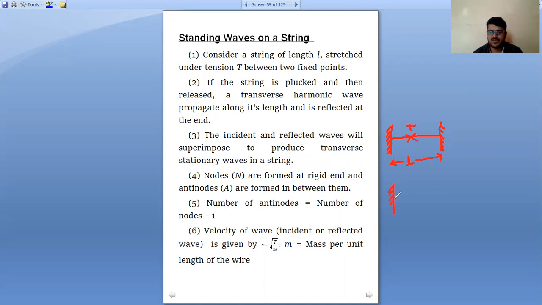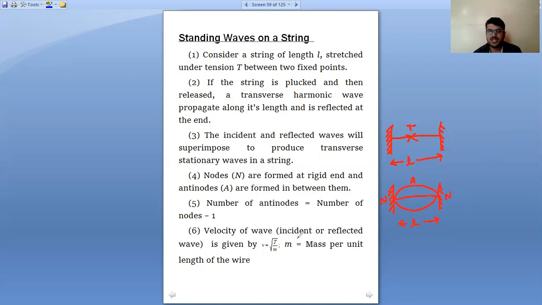In the first case, what happens? You can see here this is the loop. It will go like this and reflect like this. So here what will form? Node will form. Here what will form? Node will form. Here in between what will form? Antinode. And what is this? Length of this.